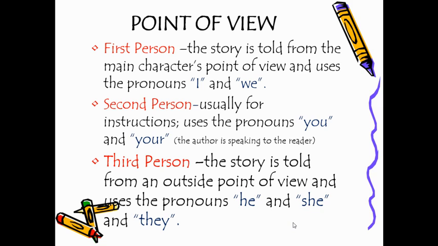By now, we should have covered 4 out of the 7 elements of narrative writing. Let's try and recall them again. What are the 4 that we have done? T, theme. S, setting. C, well done, character. P, point of view, excellent.